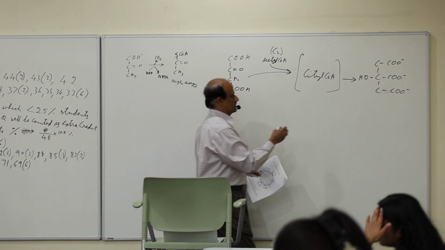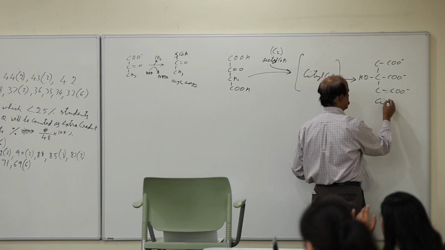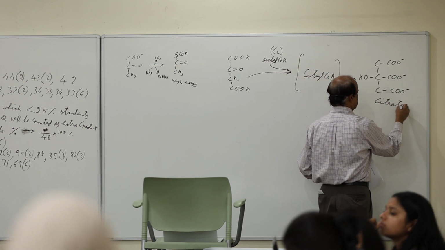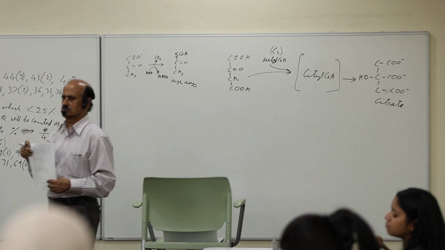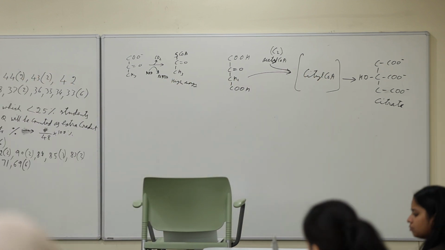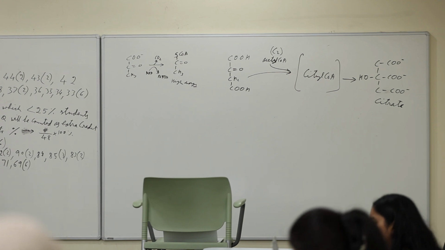So this is the citric acid. And once again, as I mentioned many times, all the carboxylic acids are present as carboxylate ions. So this is called citrate rather than citric acid.